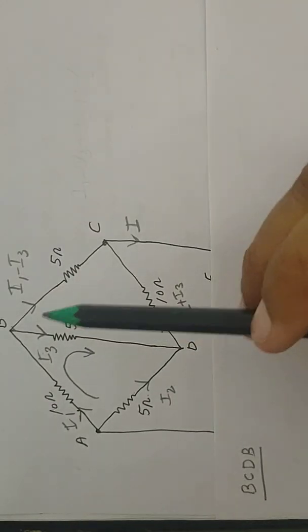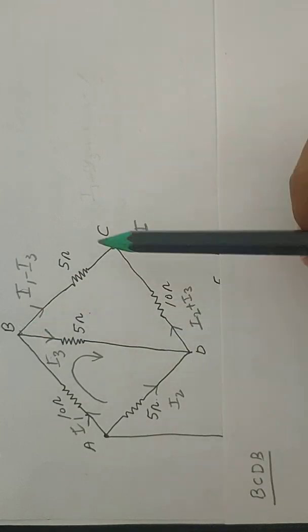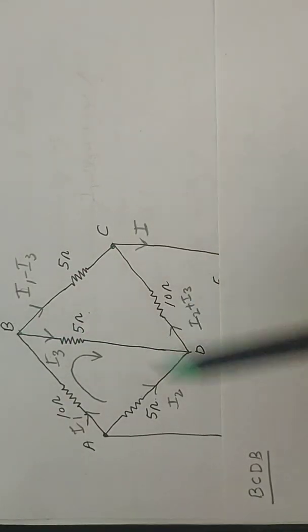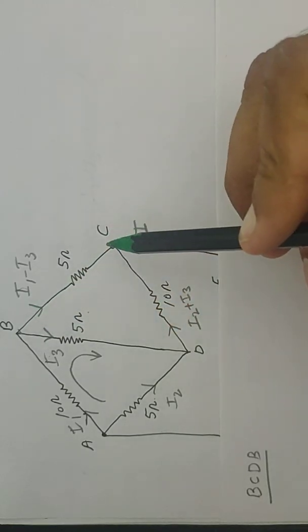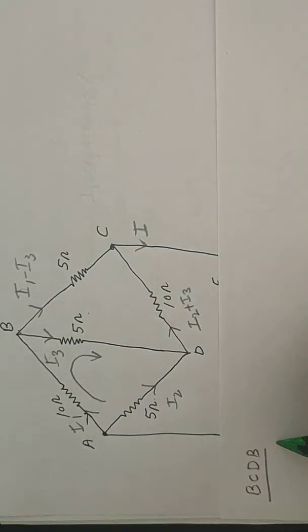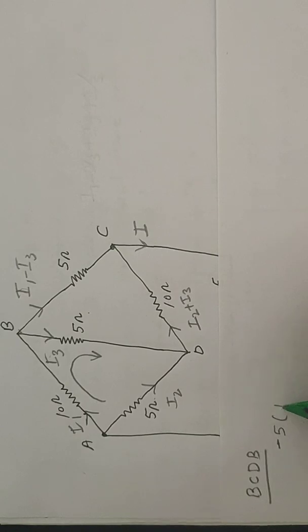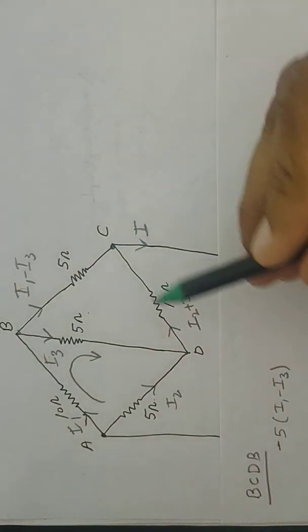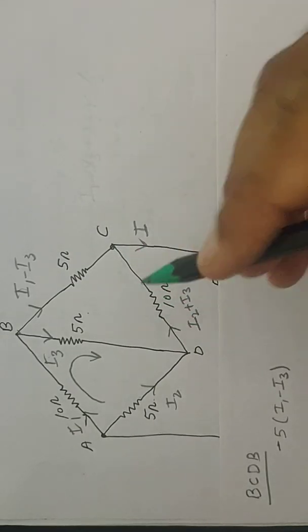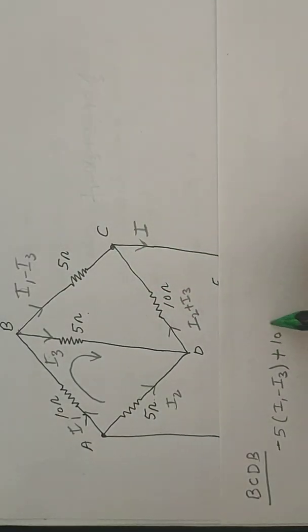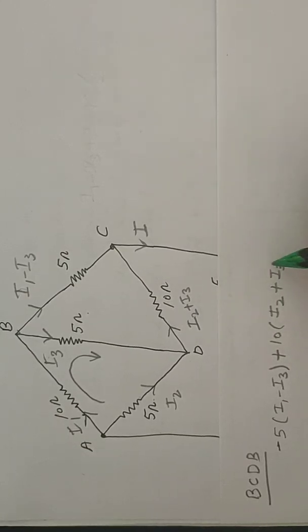Second loop is B, C, D, B. Here we are going from high potential to low potential, so we take negative: minus 5 I1 minus I3. Here C to D, we are going from low potential to high potential, so we get 10 times I2 plus I3.